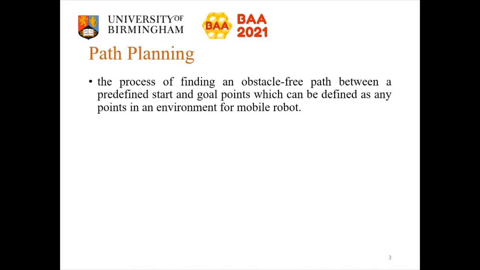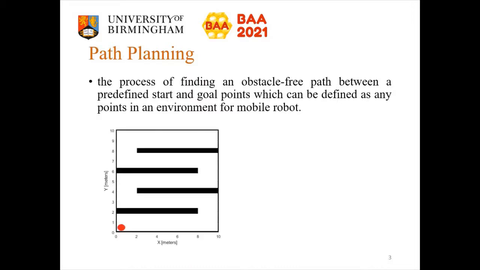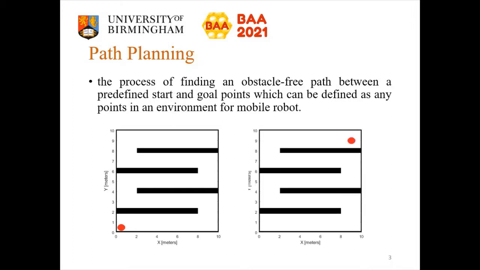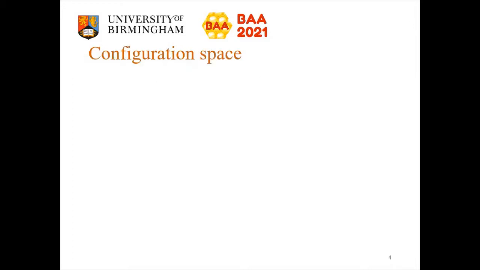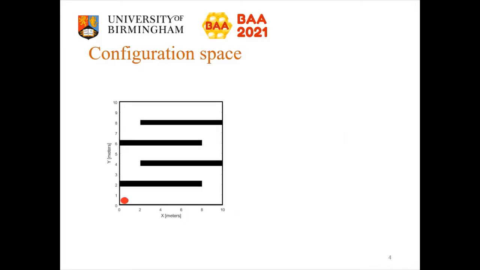Path planning can be defined as a process to find an obstacle-free path between a predefined start point and a predefined goal point for a mobile robot. We propose a configuration space method to represent the environment. In this method, the environment is continuous. The configuration space consists of C-free and C-obstacle.